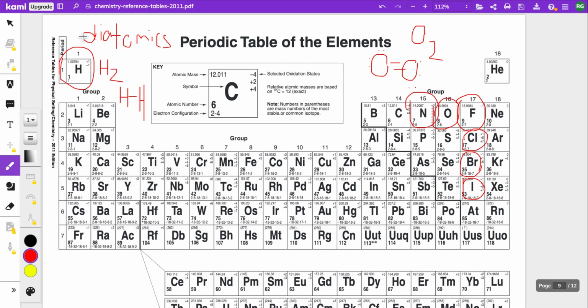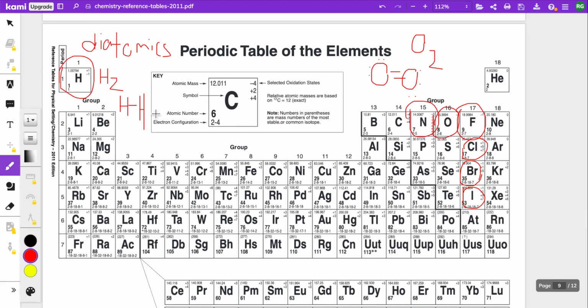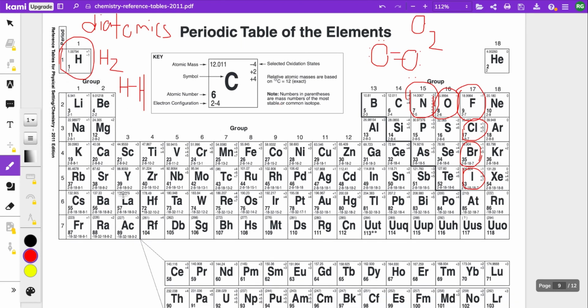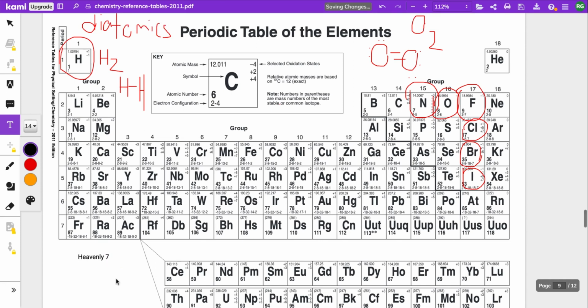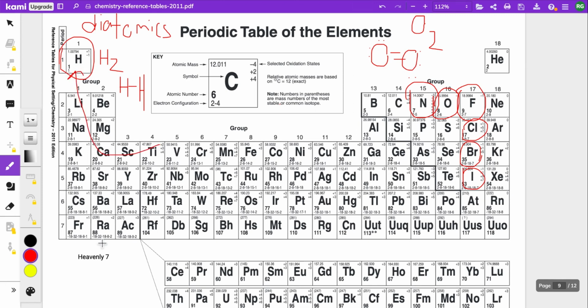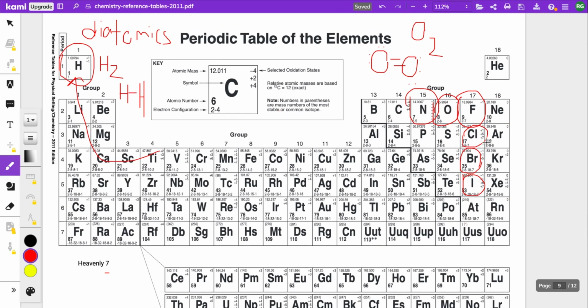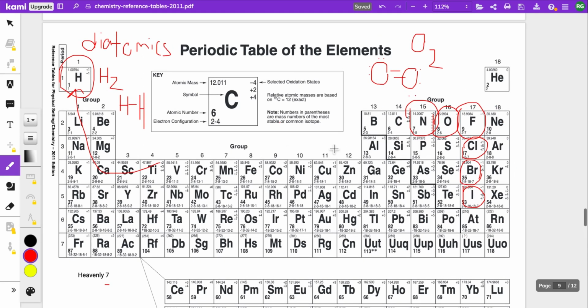Okay? And you can also remember the diatomics as heavenly 7. You can see how the heavenly comes from the hydrogen part, right? And 7, because these diatomics form a 7 shape, right? And you have to remember these, okay? So these are just diatomics. They're the same atom, just bonded to itself in its natural state.